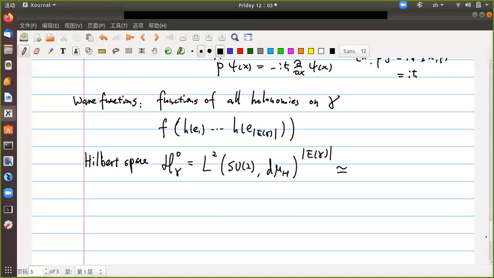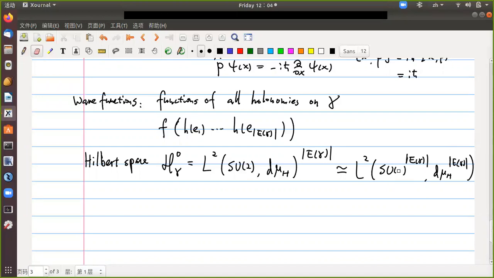All right, and this Hilbert space H0, being many copies of smaller Hilbert spaces on SU2, is also equivalent to the L2 of a bigger space, SU2 to the power E gamma, with the Haar measure to the power gamma as well. I will explain what the Haar measure is in a moment. So it means tensor product measure and product space.